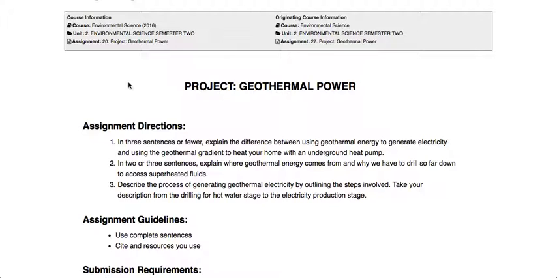Very much like you did for the nuclear energy project, where I asked you to describe how nuclear power is generated in a power plant, you're essentially going to do the same thing for generating geothermal electricity from a geothermal power plant.